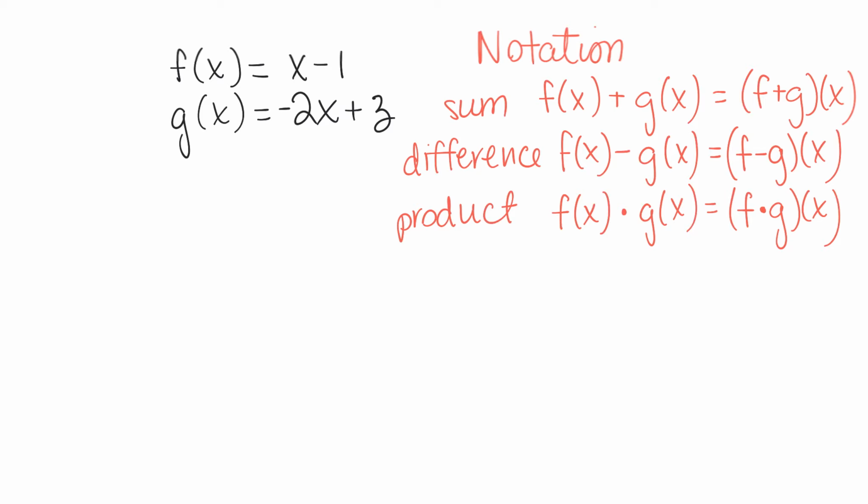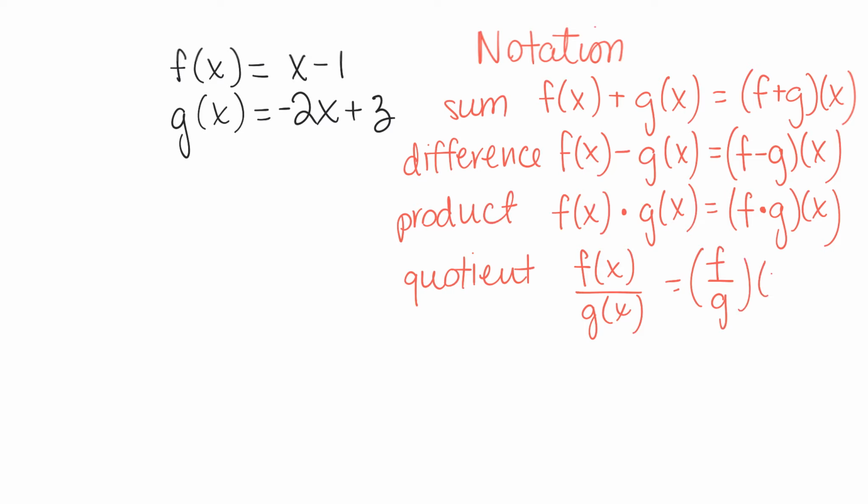You'll see why. And then of course we can do the quotient of functions, and that's when you have f of x divided by g of x, which can also be written as f over g of x. Okay? So that's the notation on this.